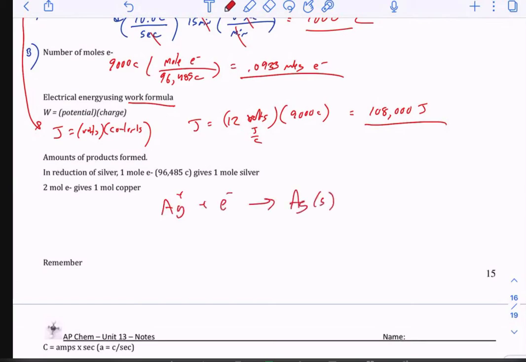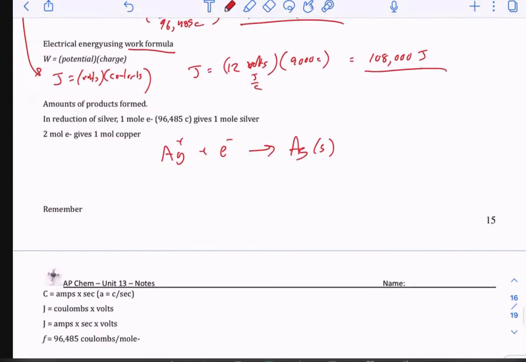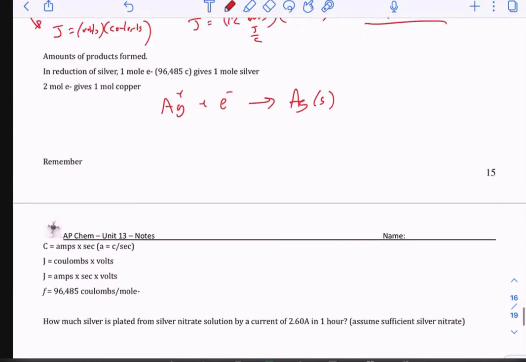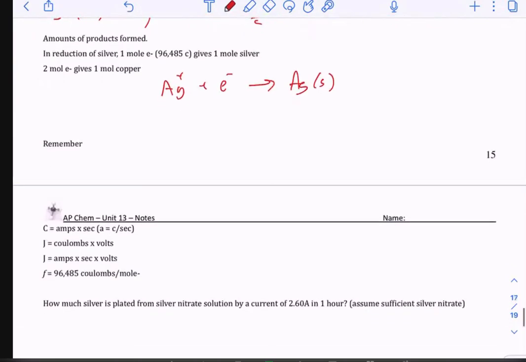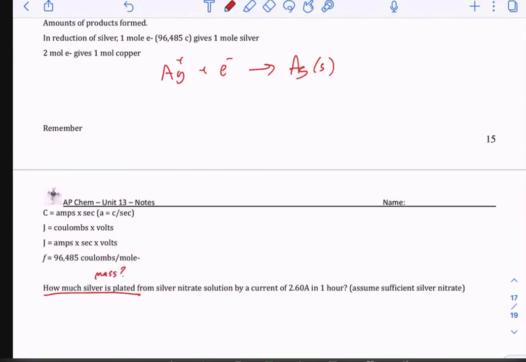Very simply stated, if I have 1 mole of silver ions, I need 1 mole of electrons to reduce it. That's not earth-shattering, that's fairly straightforward. So this will enable us to answer the question, how much silver is plated, meaning mass, if we have a current of 2.6 amps in 1 hour?